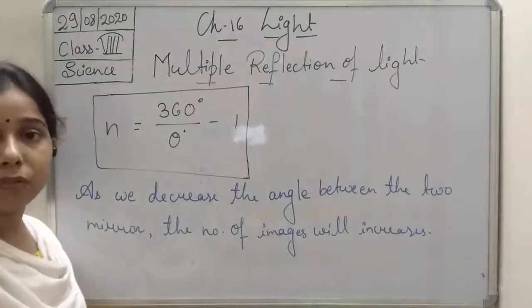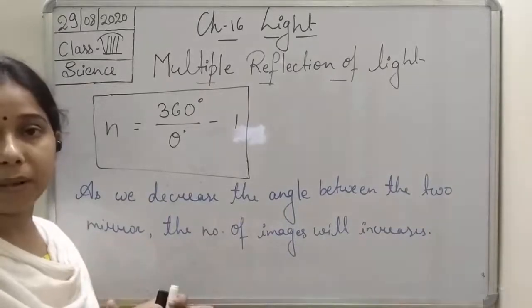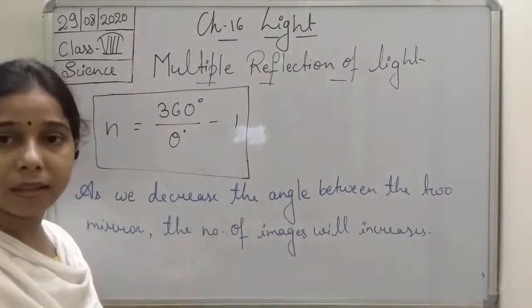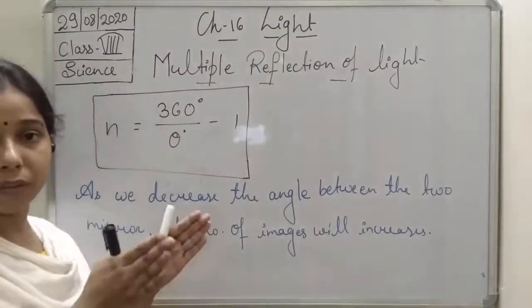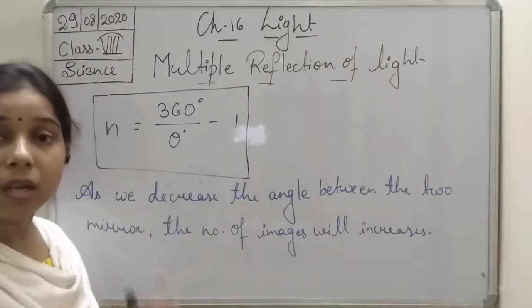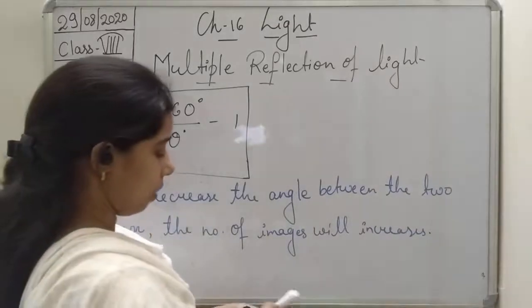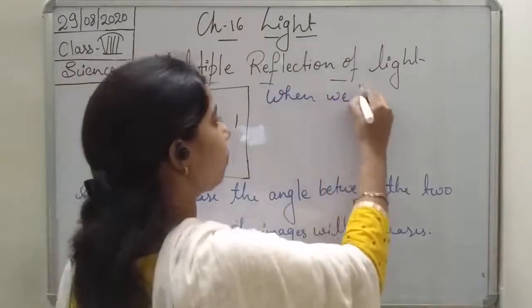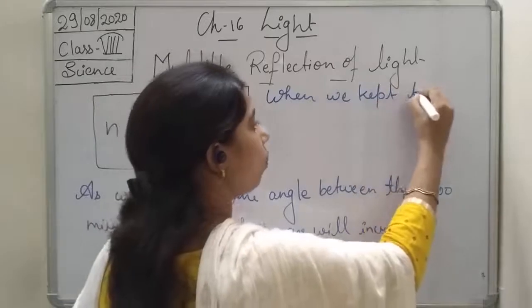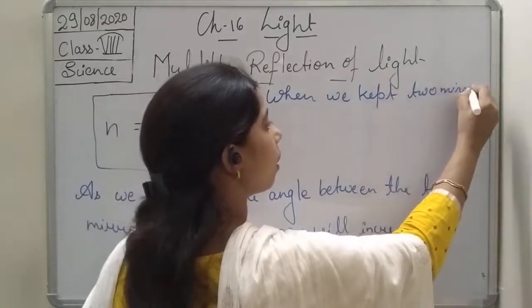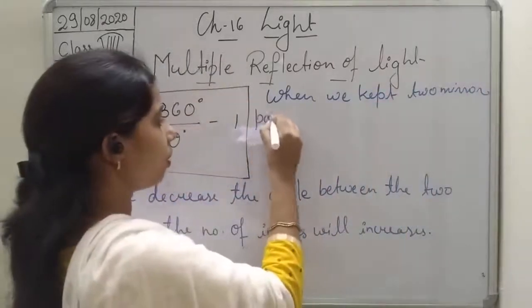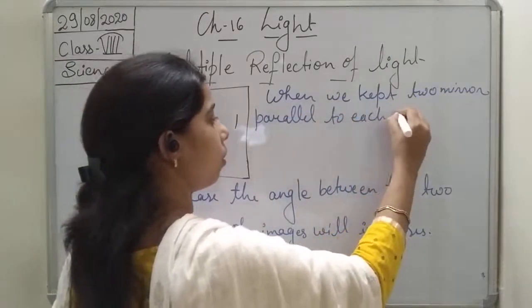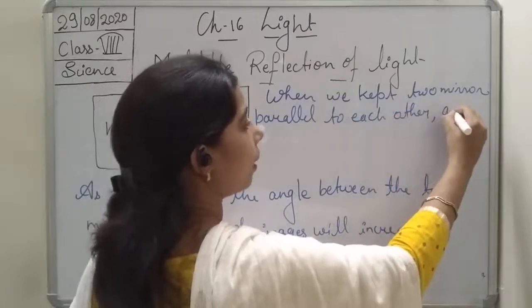What will happen if we keep both of the mirrors parallel to each other? Okay, so if two mirrors are kept parallel to each other, then the angle between them will be 0. So we can write, when we keep two mirrors parallel to each other, then what will happen?